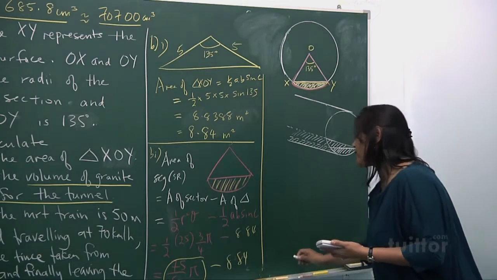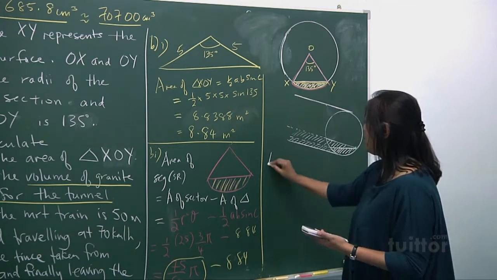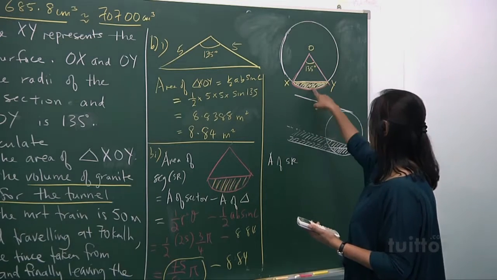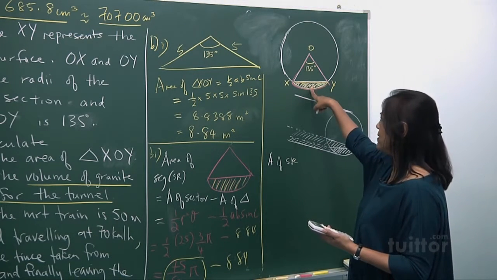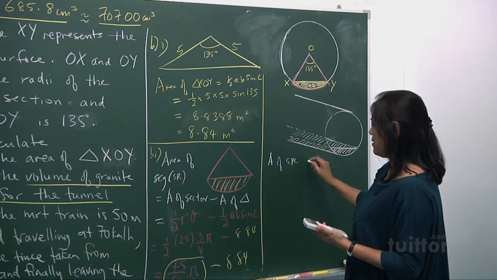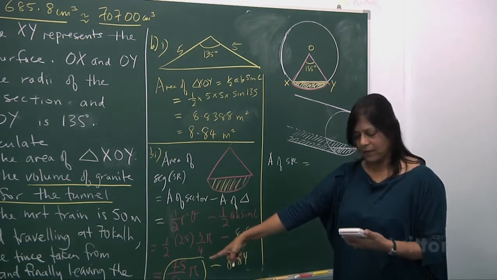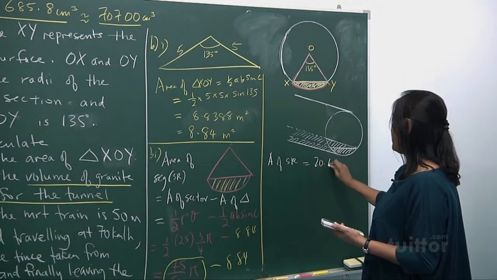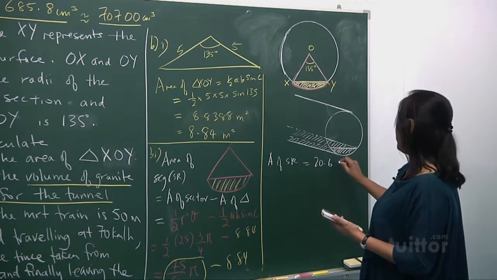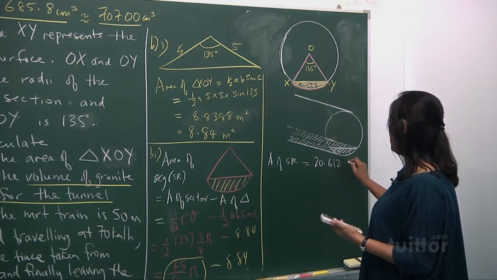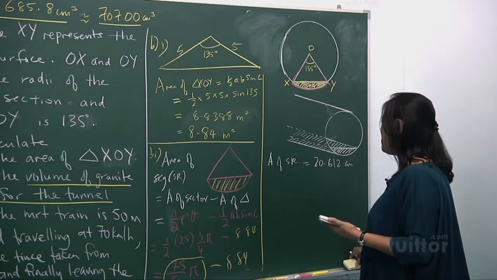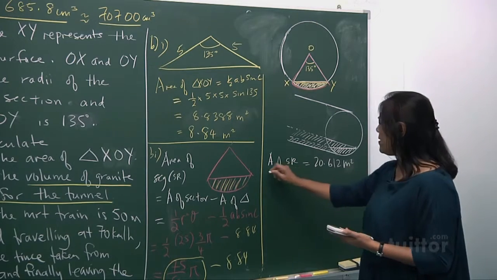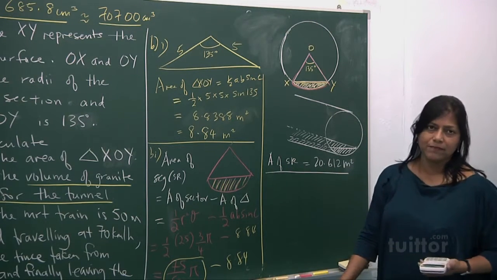So this shaded region, or you call it a segment here, is going to be this answer take away this, which will give you 20.612 meters squared. So that's the area of the shaded region.